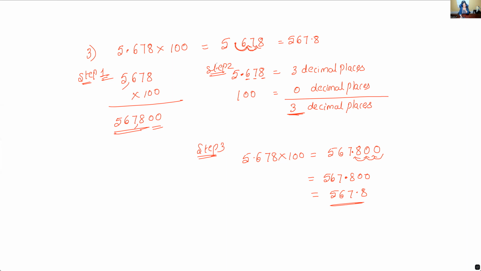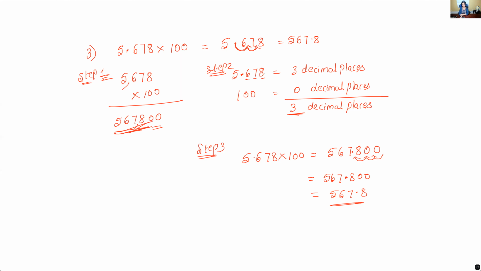But if you are confused about where to keep the decimal point, then just go with the regular multiplication. First we do the regular multiplication. We'll not consider the decimals. We'll just take 5,678 and multiply by 100. You'll get this answer here.